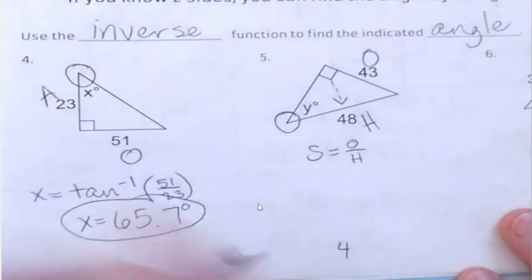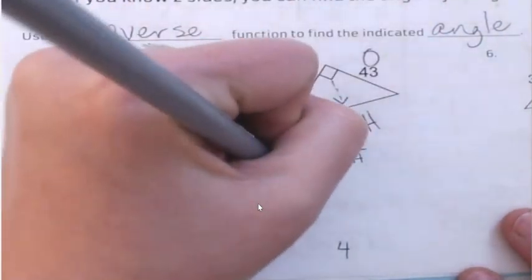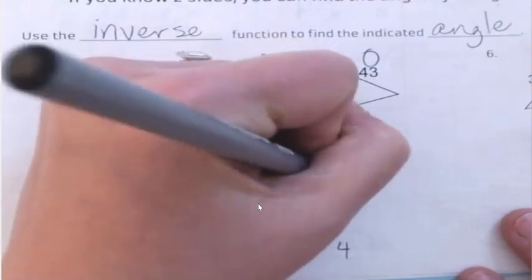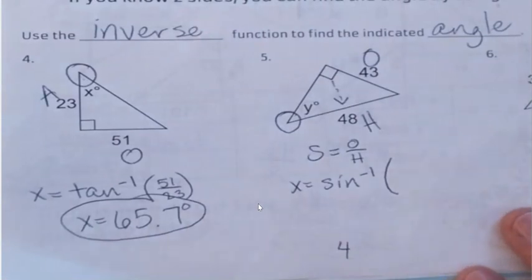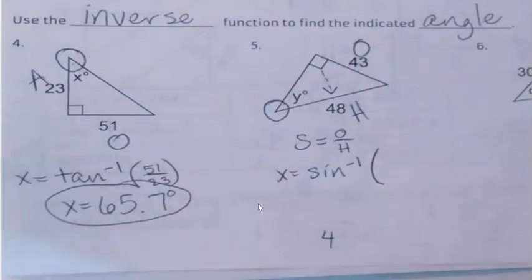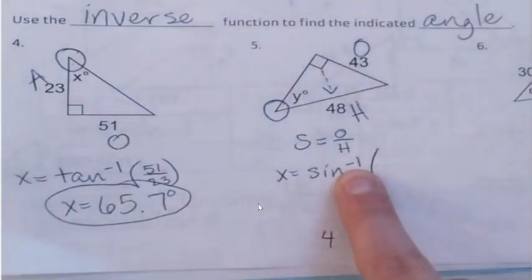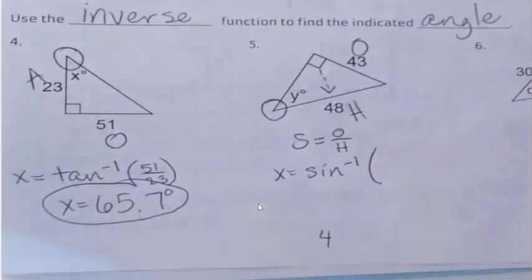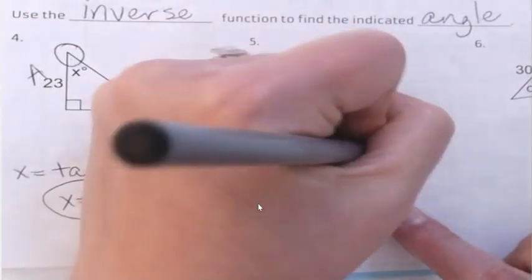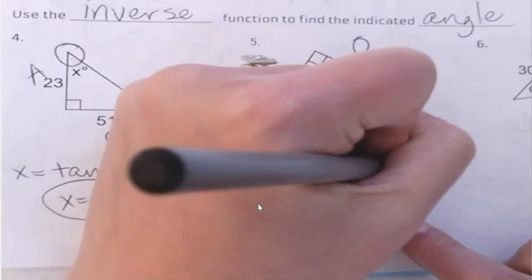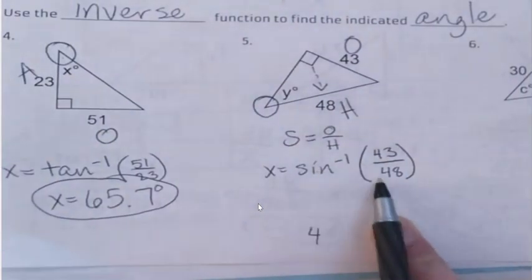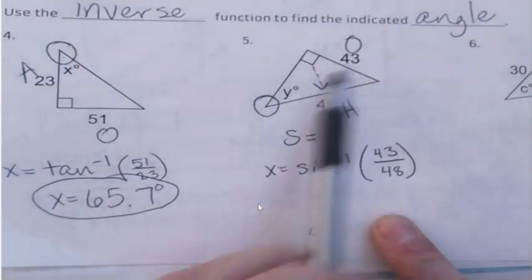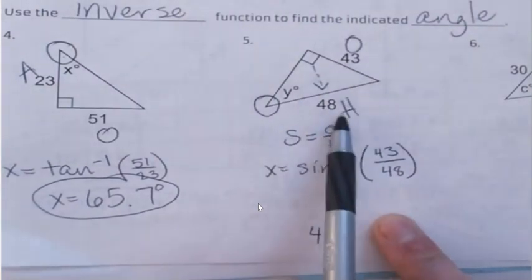So we are going to use some old hippie. We're going to use sine this time. So x is going to equal the inverse sine. It's inverse because we're looking for the angle. So the difference between yesterday and today is today we're using the inverse. Yesterday we just used normal sine. 43 over 48. Make sure if you're using sine or cosine, your number on the bottom has to be bigger because the hypotenuse is always the biggest number.